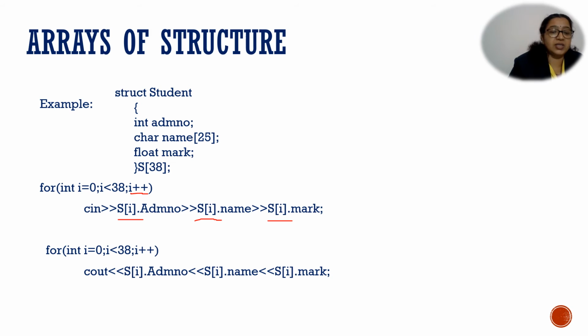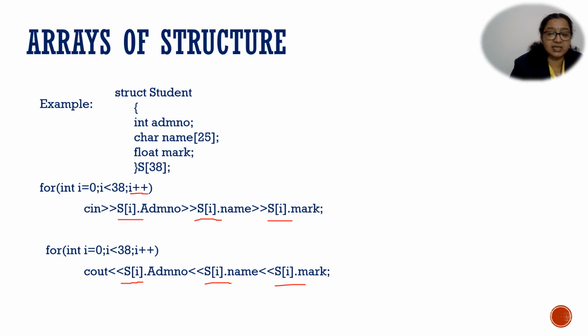The other one, how to display it. So same for loop. For int I is equal to 0, I less than 38, I plus plus, cout S of I dot admission number, S of I dot name, S of I dot mark. So again I value 0: S of 0 dot admission number, S of 0 dot name, S of 0 dot mark.